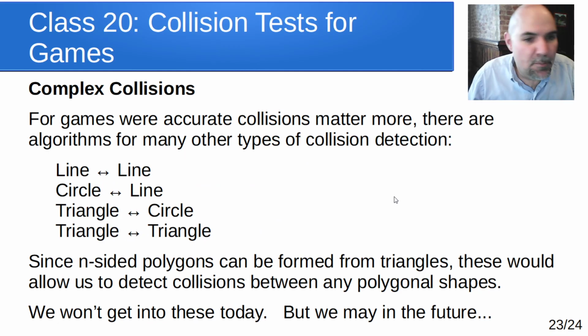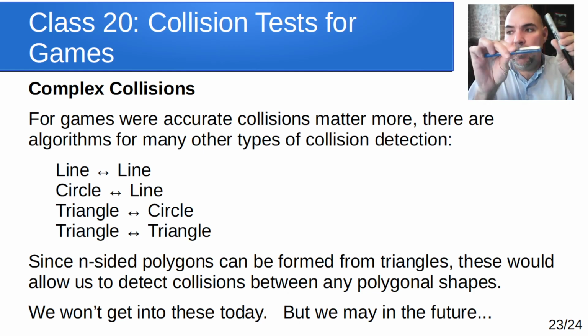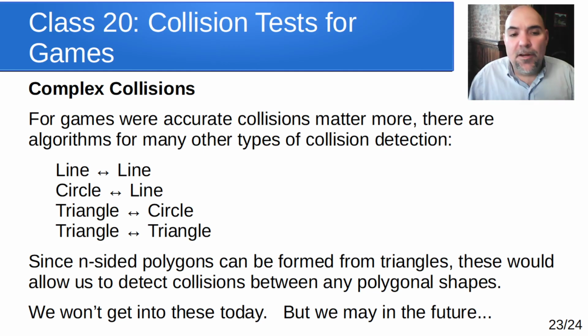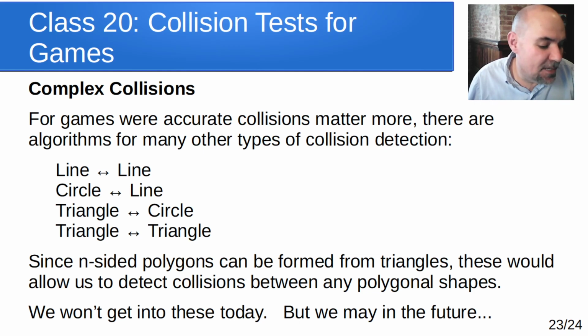Now, for more complex collision types, we're not going to get into these today, but there are collision tests for a line segment versus another line segment. In other words, if you have two line segments, knowing are they overlapping or are they not? Are they just near each other? And there are several ways to do line-line collision tests. We're not going to cover them here today.